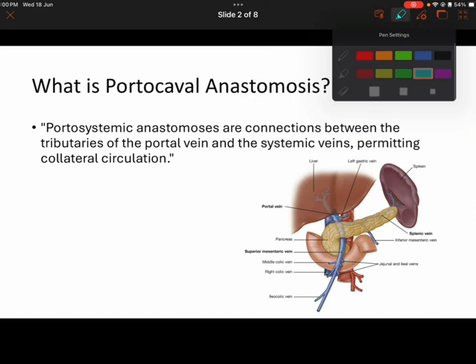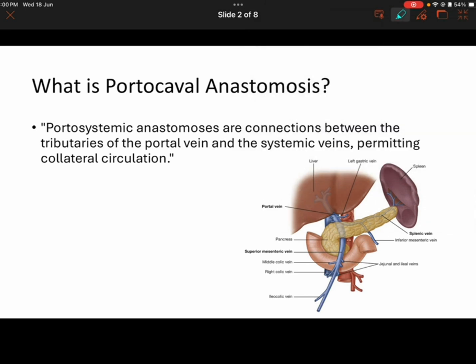So to understand in simple words, in this diagram, this is the vein coming from the spleen, so it is called splenic vein. From here the blood flow is coming from the intestine, so this is superior mesenteric vein, and these two join behind the pancreas and form the portal vein, and this portal vein enters the liver.